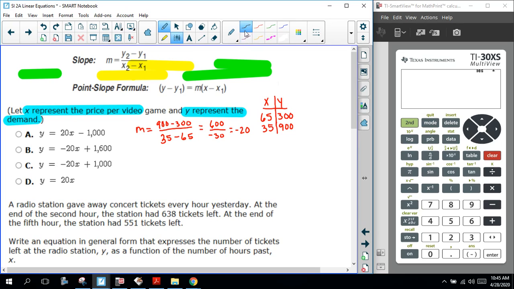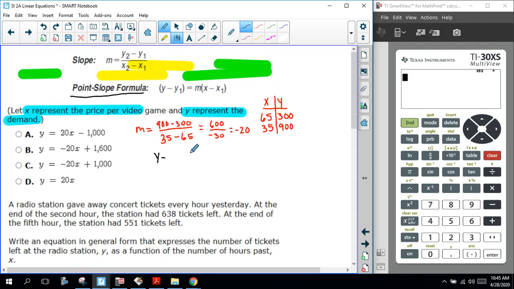All right, so to write this equation, I've got the slope. Now I need to plug into my point slope formula, because I've actually got 2 points. I've got the slope here. So as I start plugging into the point slope formula, I take y minus y sub 1. It doesn't matter which ordered pair I pick here.